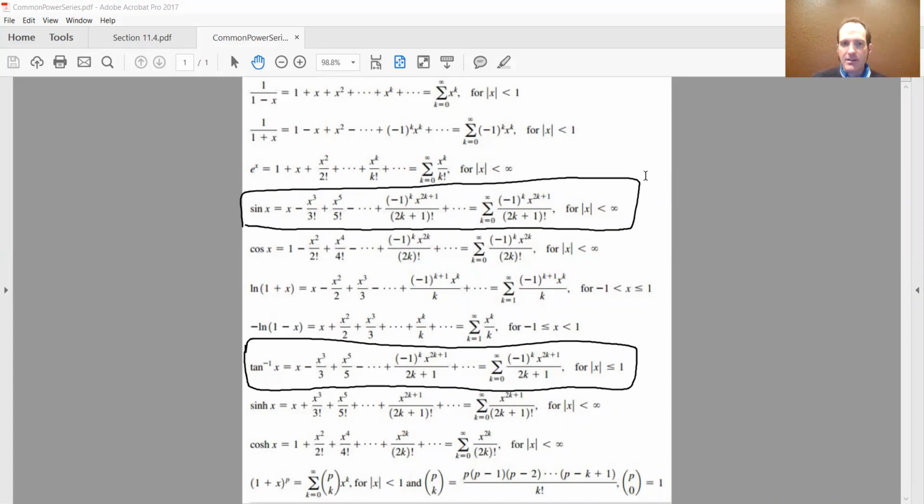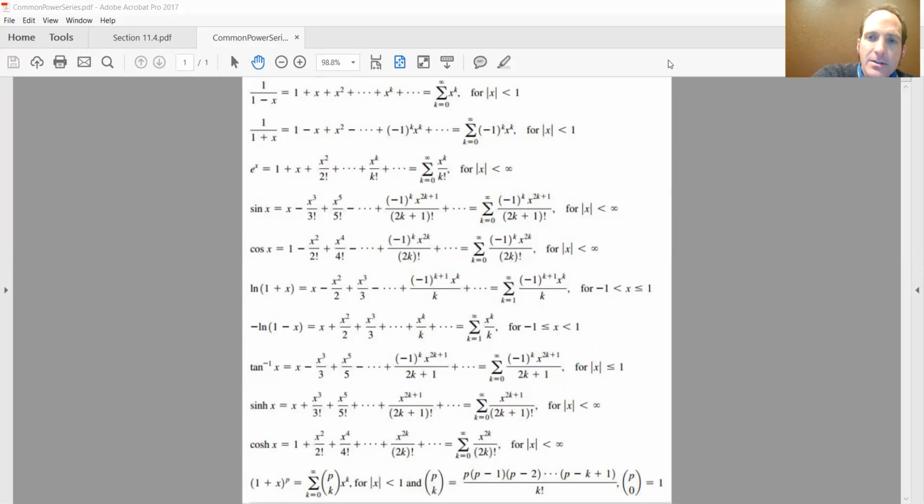The only difference is they're not factorials in the denominator. You just get 3, 5, 7, 9, 11, and so on. So it's the odd number at the bottom instead of the factorial. They're a little bit different, but not too much different. And the nice thing about this is that in particular, those x terms are going to cancel. And then you can kind of fiddle with the rest of it to make it work out.